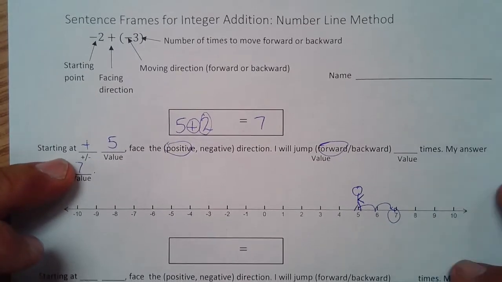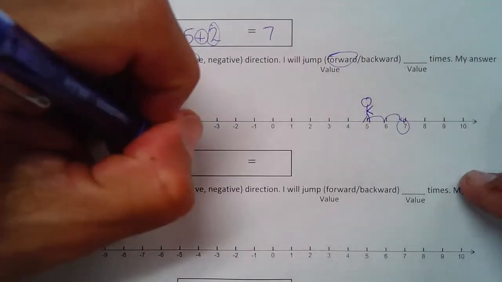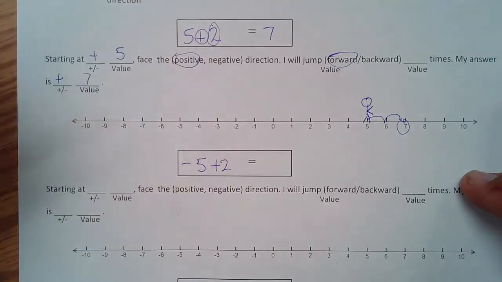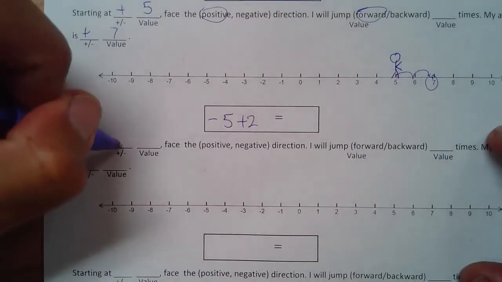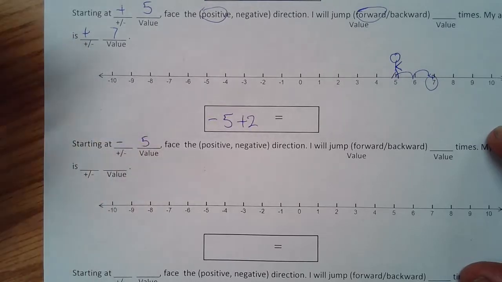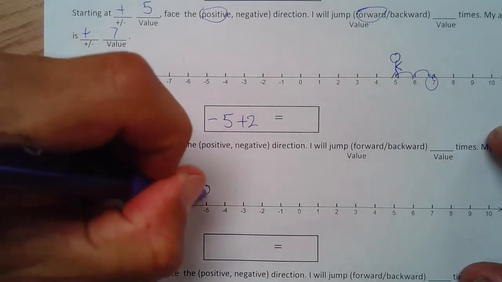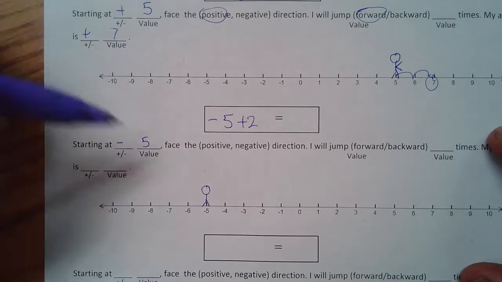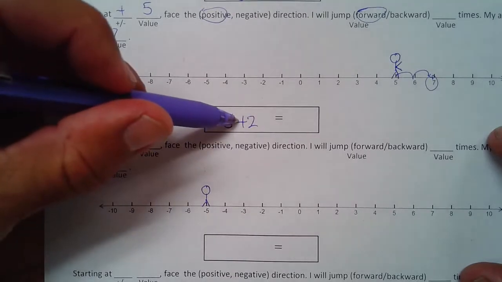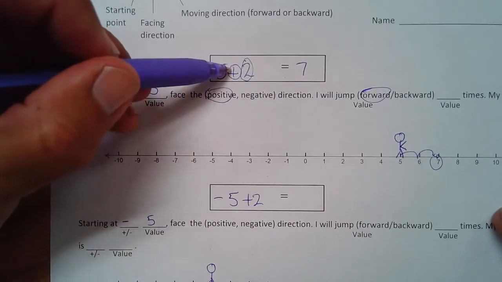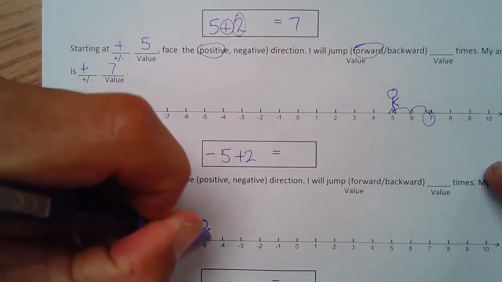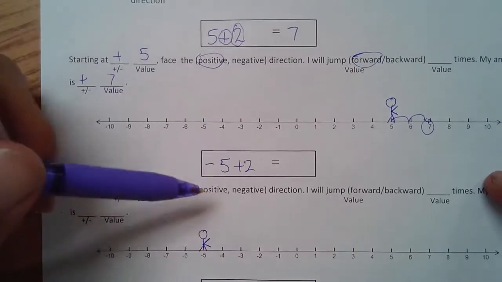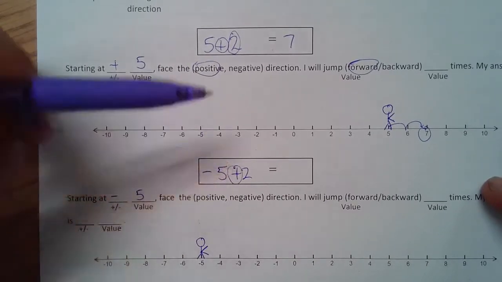Let's move on to the next one. And we have -5 plus 2. Starting point, -5. So we start at -5, and I will have this guy standing at -5. I will face the positive direction, so I'm going to keep facing the positive direction.